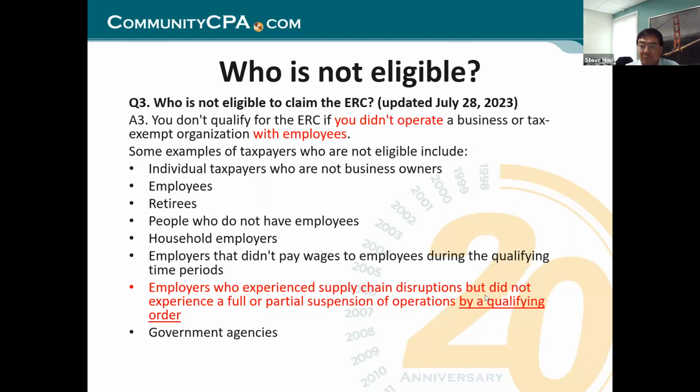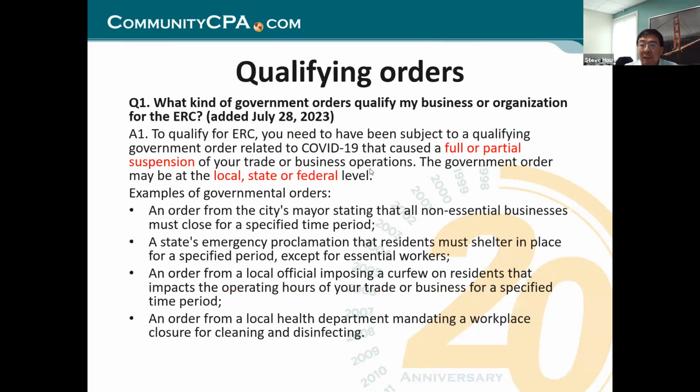But anyway, you have to be able to trace your supply chain disruption to specific government orders. If you cannot do that, and just because you suffered supply chain issues, you are not eligible. Okay? So that's probably one of the most important things that IRS was trying to stress in those webpage updates.